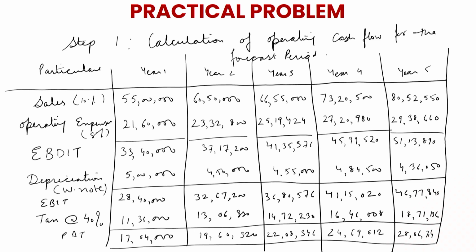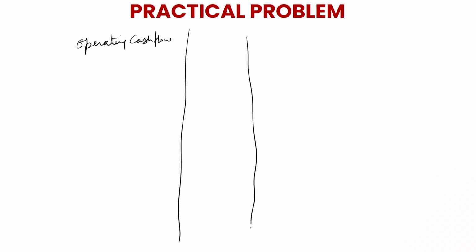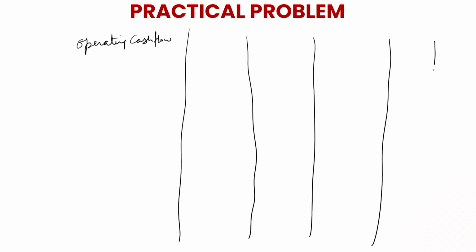So using this profit after taxes and the depreciation, we are in the process of computing the operating cash flow for all the 5 years: year 1, year 2, year 3, year 4, year 5.